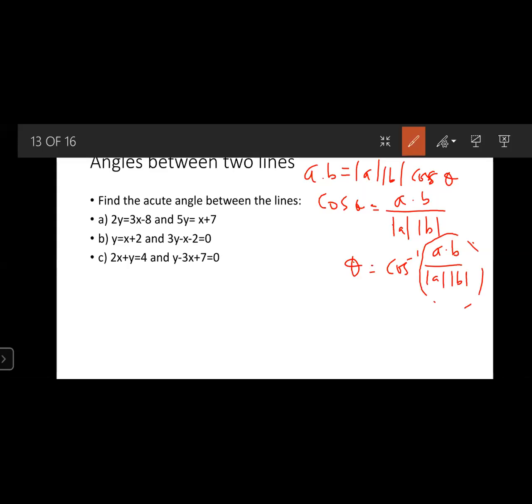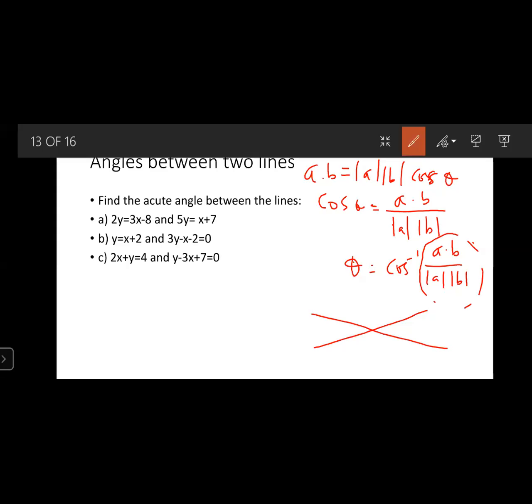So if they say we are looking for the acute angle, look at this question now. We are looking for the acute angle. It means that even when you get a negative, you have to turn it to a positive number. So you find the absolute value of it. I need to tell us why, because two lines are intersecting.